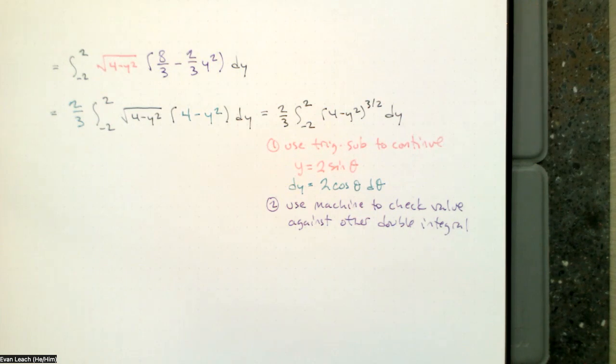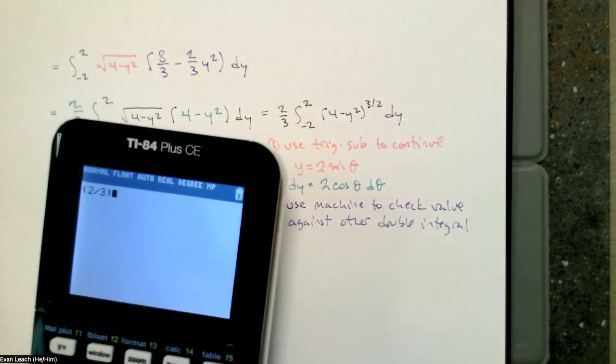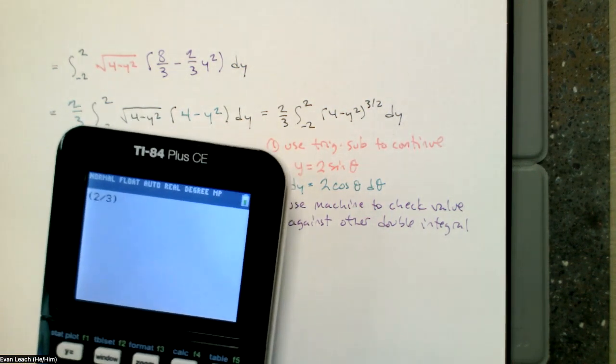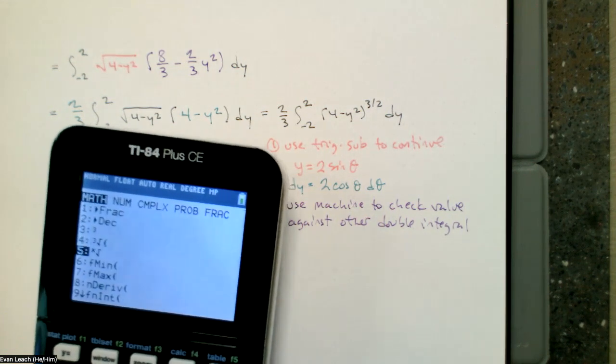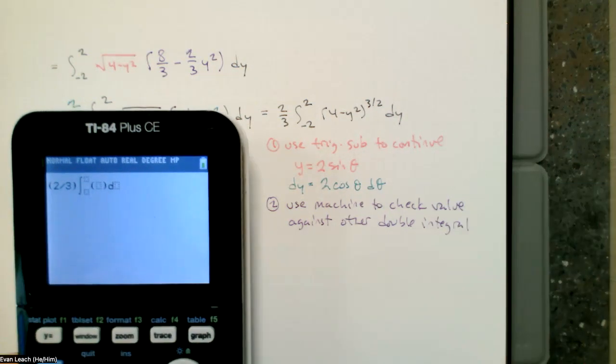So what I mean is, I've got 2/3 times the integral of 4 minus x squared to the 3/2 dx.